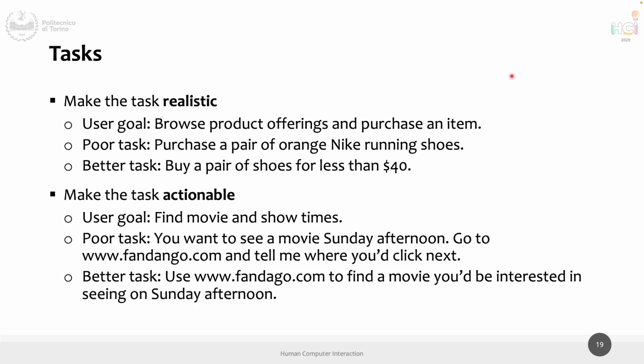You use fandango.com to find a movie you would be interested in, so there is also personal drive in this, and you click on the movie, you open the movie, whatever is possible to be done on fandango.com, but that movie should be available on Sunday afternoon. It cannot be a movie that you are interested in but is on Monday only.